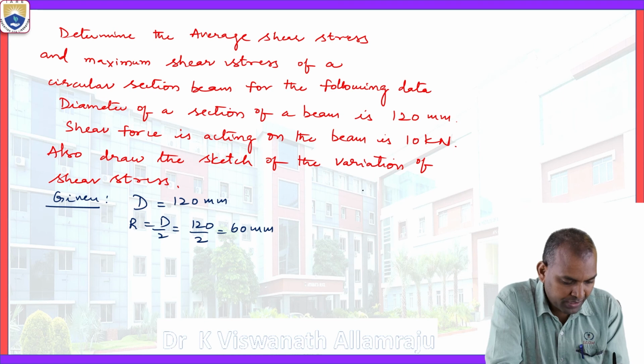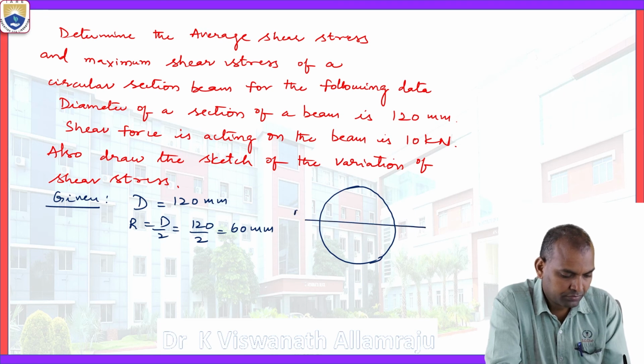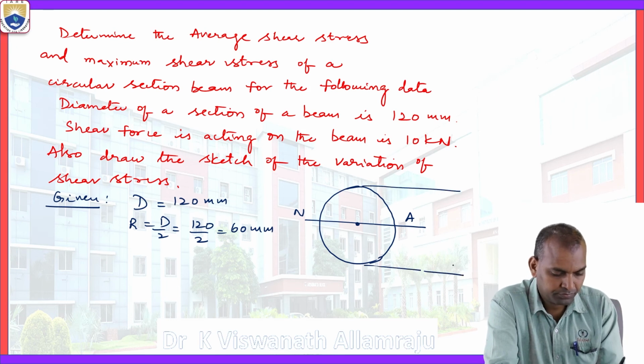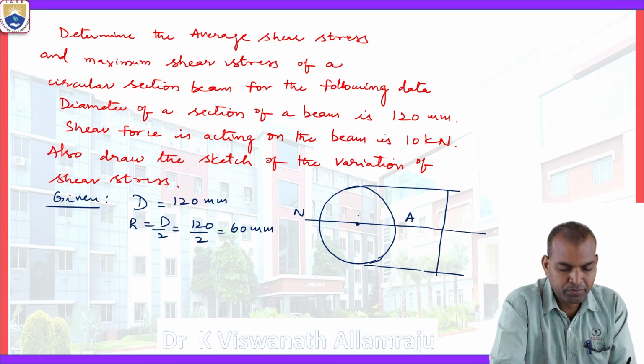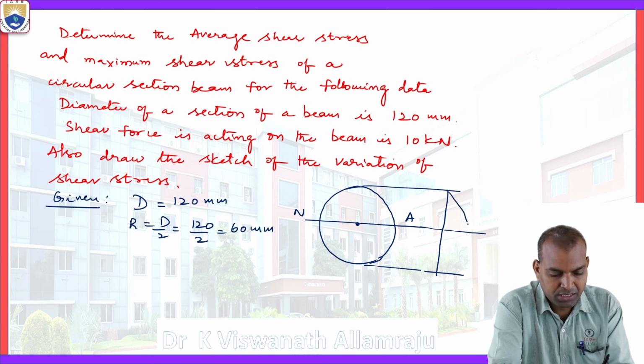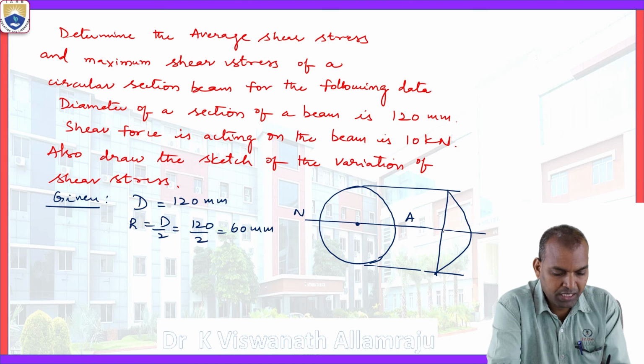If you want to represent it graphically to understand, this is the neutral axis. We already solved the problems. From the tau derivation, we understood that the maximum shear stress can be observed where the neutral axis is, tau maximum. Here it is tau 0.